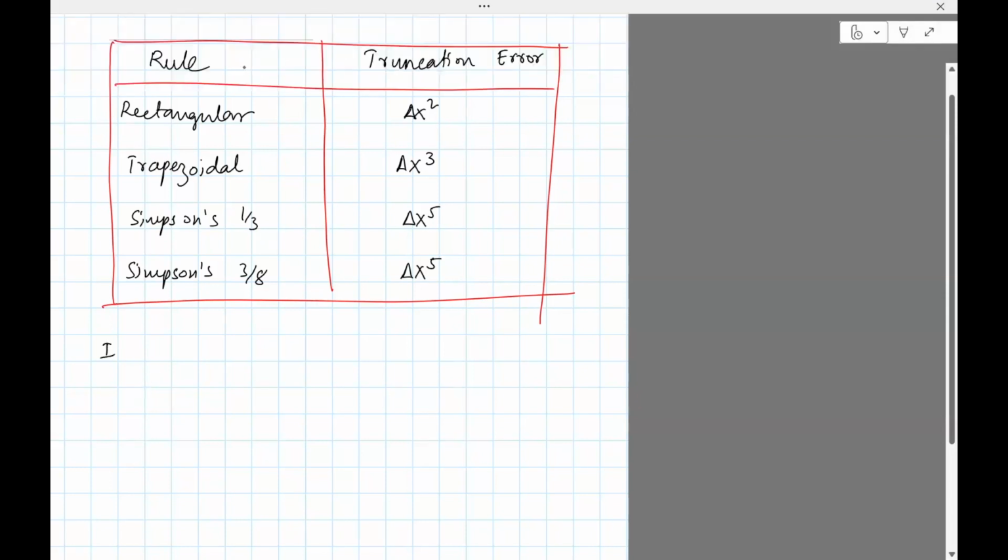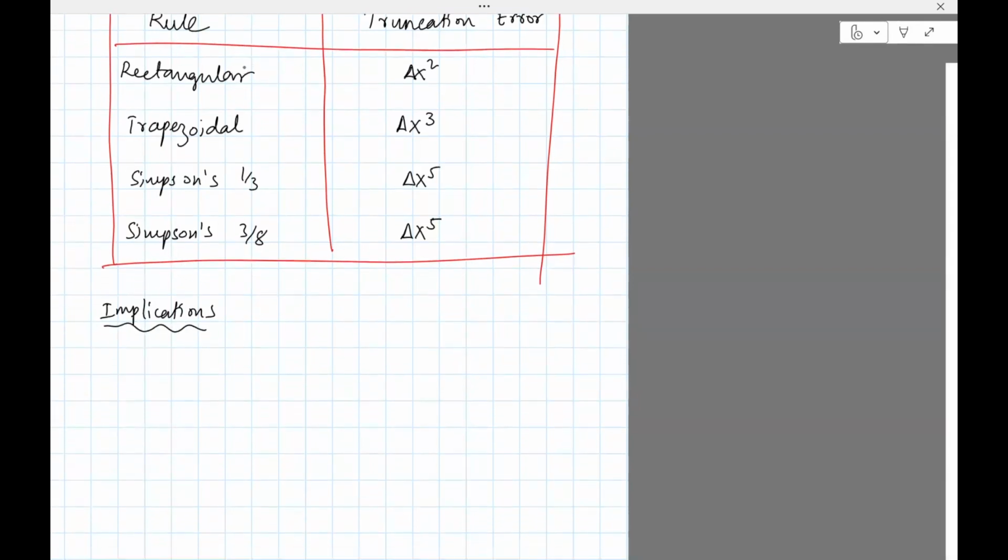Okay. So if you want to understand the implications of this, let's say that you're looking for a tolerance of 1e negative 5. So you want your calculations to be accurate to this number.